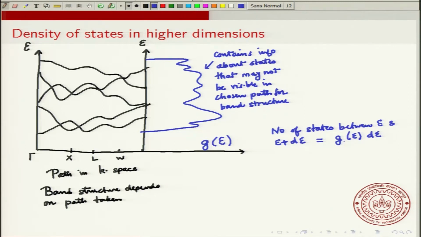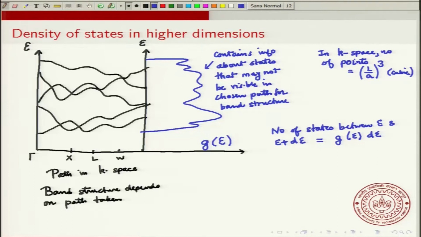So, we use the idea that in K space, the number of points, this again comes from the von Karman boundary condition, is equal to L by a cubed, if you just take a cubic system. This is for a cubic system.